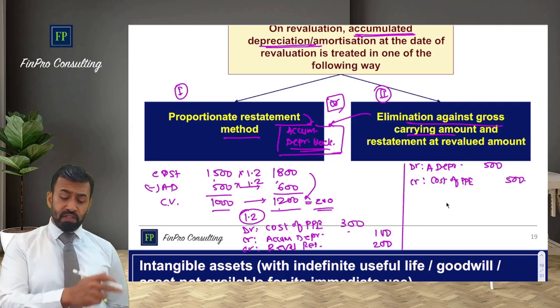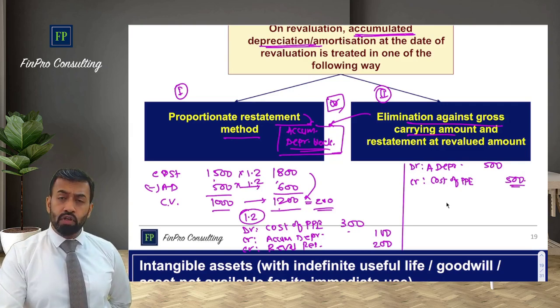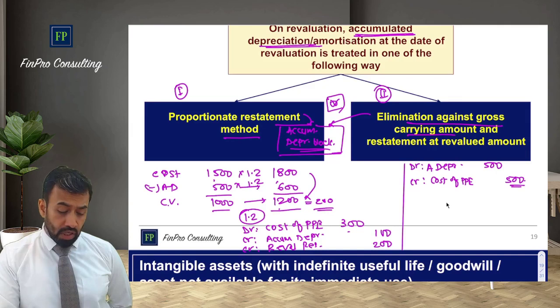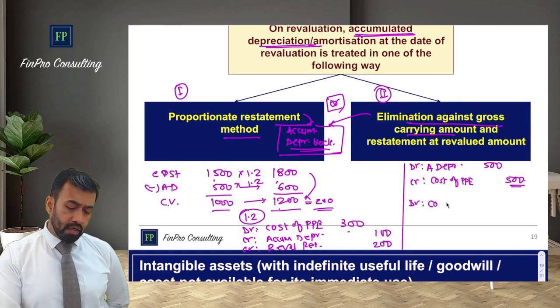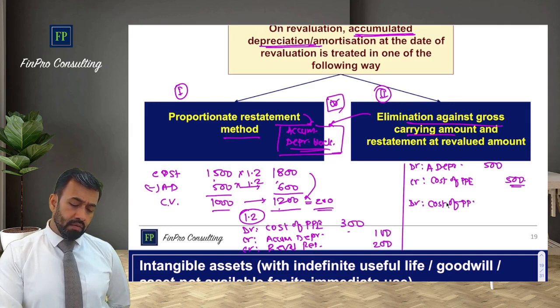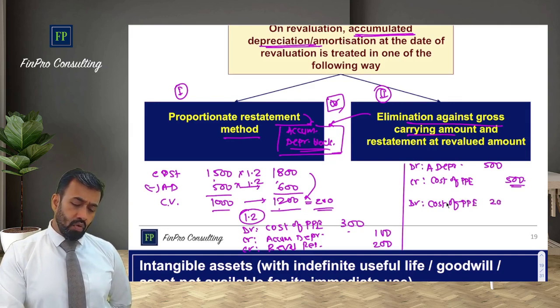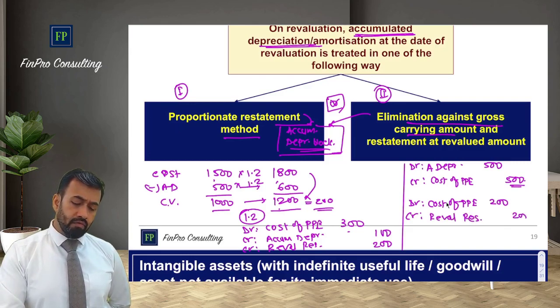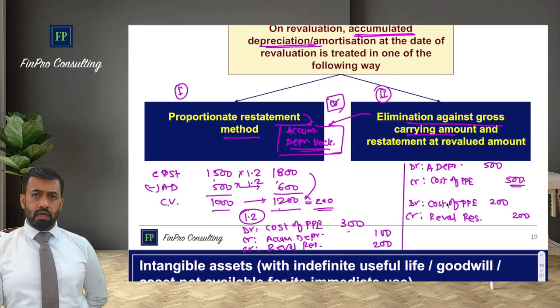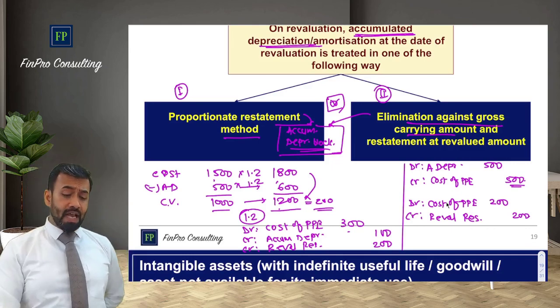Now the cost of PPE has been reduced because of this 500. It became 1000. But what amount do I require? 1200. So pass a second entry: debit cost of PPE, 200, and the equivalent credit will be to revaluation reserve, 200. Correct? Accumulated depreciation is set as 0.